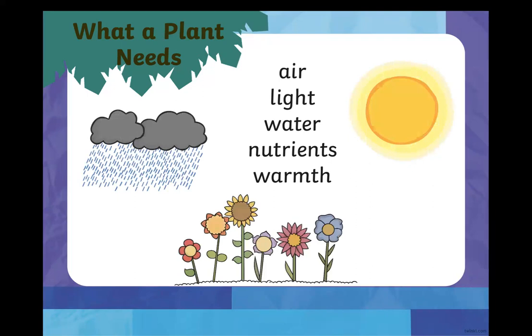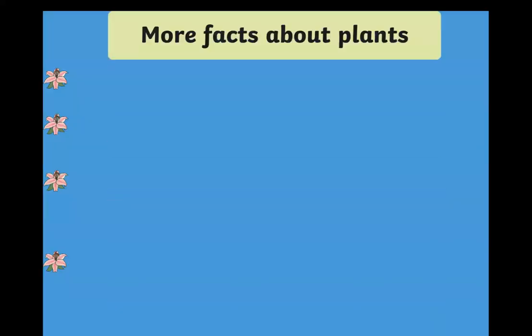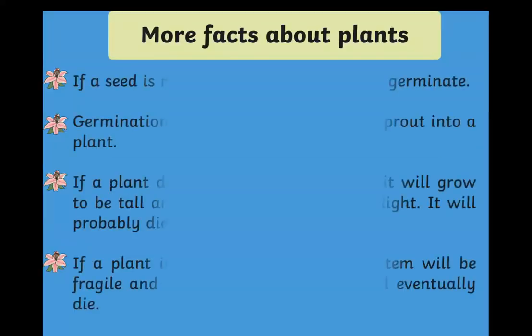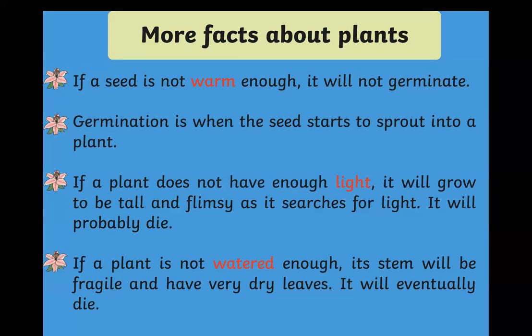All right, the sun and more facts about plants. If a seed is not warm enough, it will not germinate. And germination is when the seed starts to sprout into a plant. When it is starting to open up, it swells up. That's already germinating.